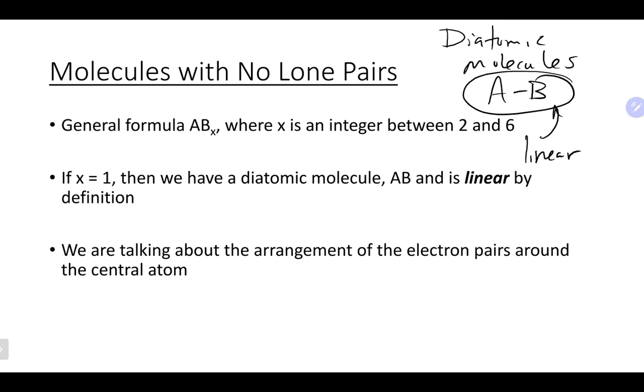The only way you could basically put two things is by a straight line. So you basically get a linear arrangement. That means it doesn't matter if it is single bonded, double bonded, or triple bonded. Doesn't matter if it's the same element or different elements.